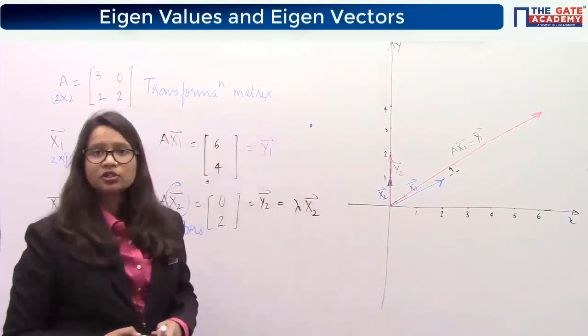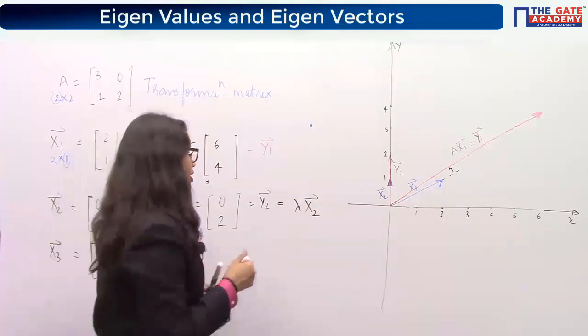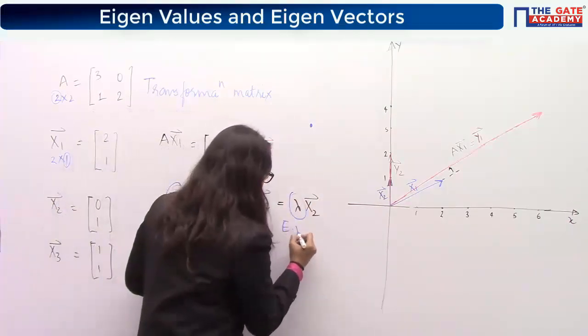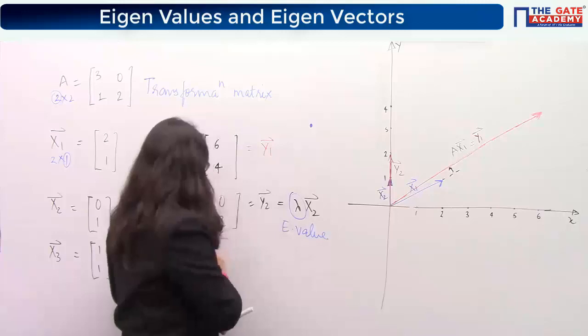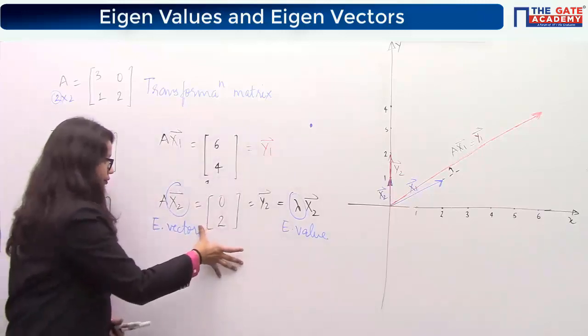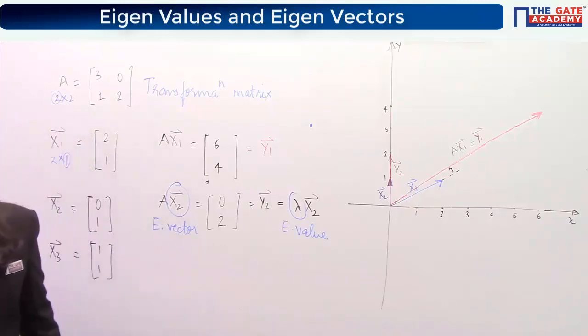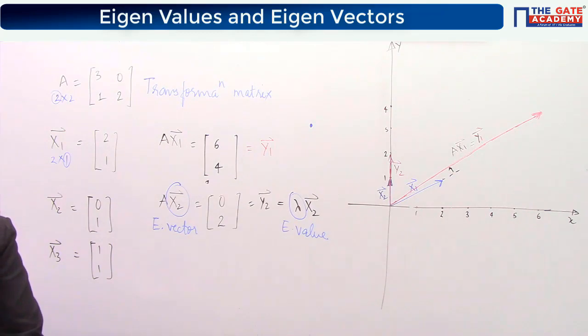Lambda denotes the factor by which your magnitude is being changed. That is known as your eigenvalue corresponding to your eigenvector x2. Got it or not? Any doubt? So this is what an eigenvector is.